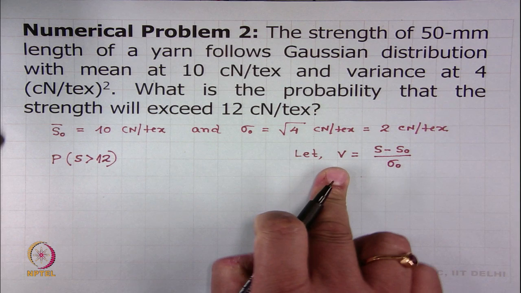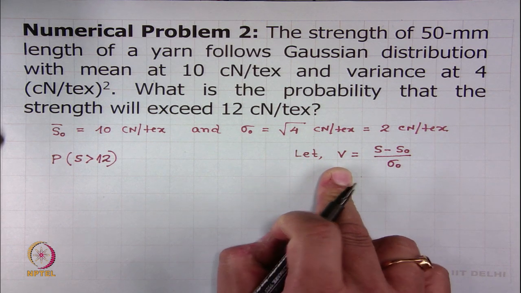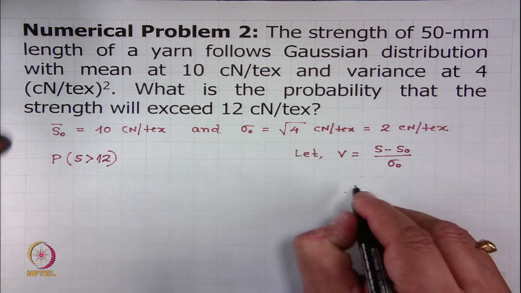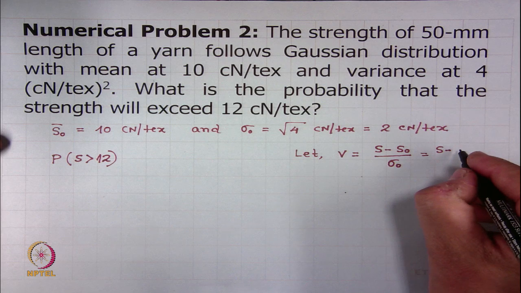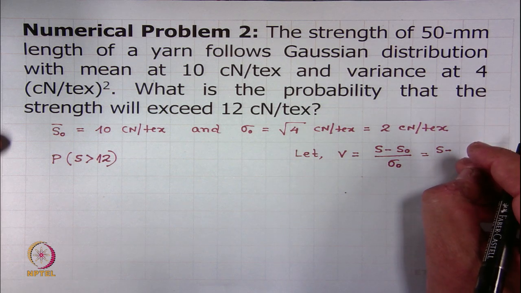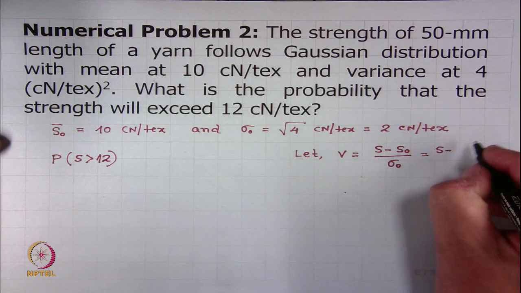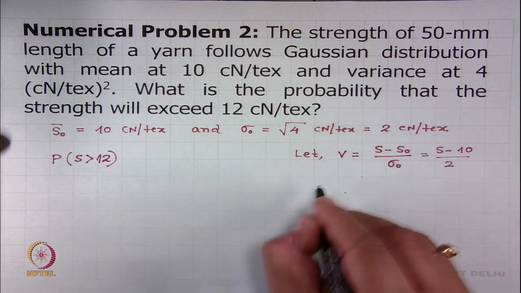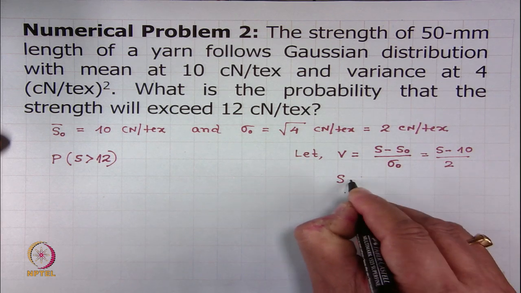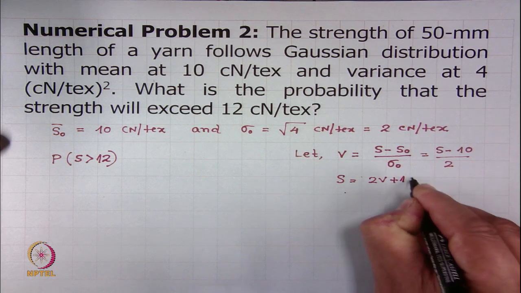So, this is standard normal variable V. So, V of course follows normal distribution. S minus 10 by 2, this is not transformation, this is standardization, because S is related to the same gauge length. So, we obtain S is equal to 2 times V plus 10.